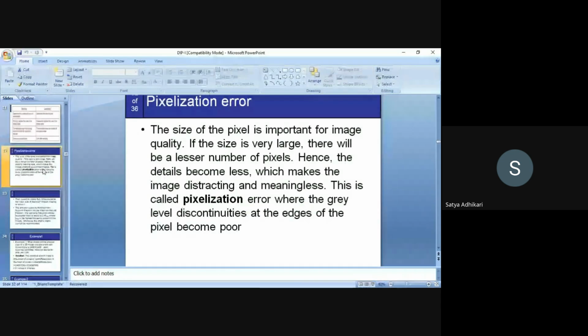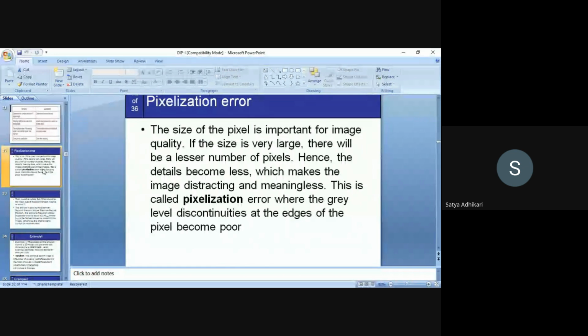If the size is very large, there will be a lesser number of pixels because your screen size is fixed. You cannot increase the size of your mobile screen, camera screen, or computer screen. So when you're capturing an image, if the pixel size is larger, your image contains fewer pixels.